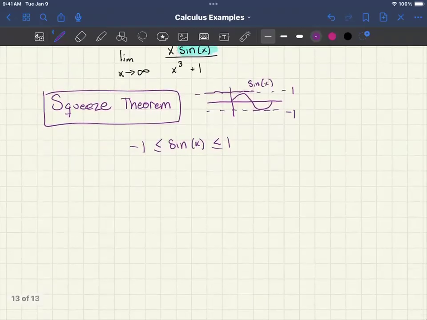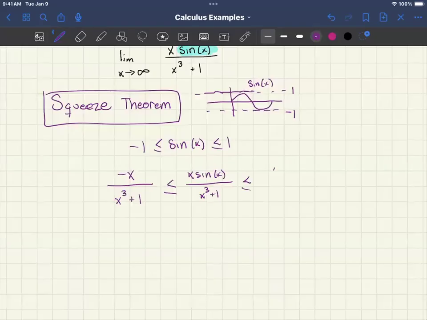So when we multiply every part of our inequality by x divided by x cubed plus 1, we can see our inequality holds. It doesn't change at all. The goal here will be to show that the outer two bits of this inequality go to the same number when we take the limit as x goes to infinity.